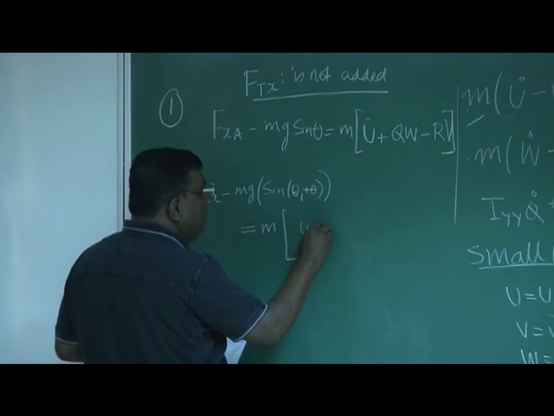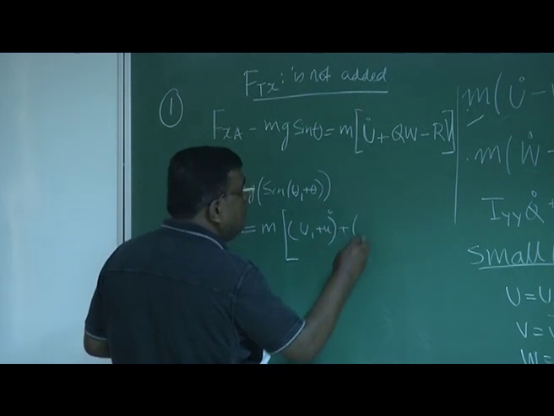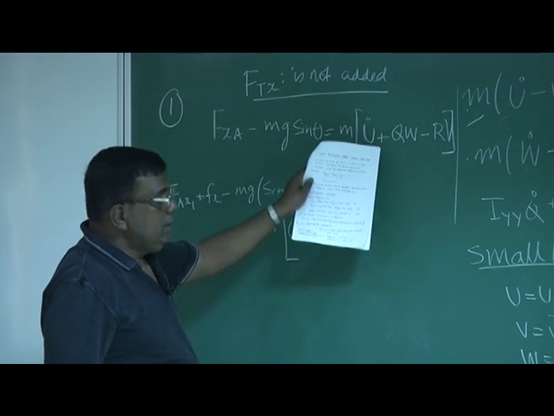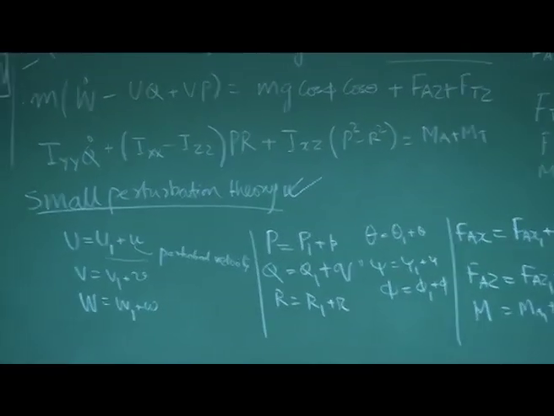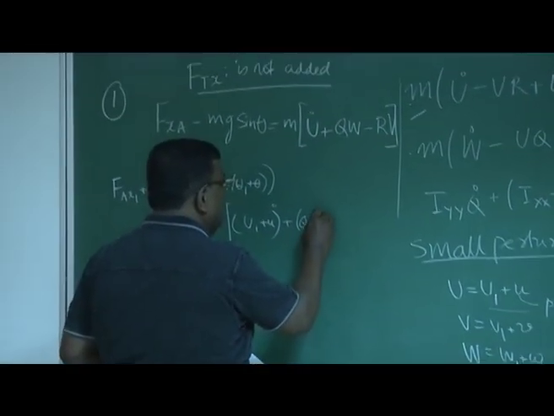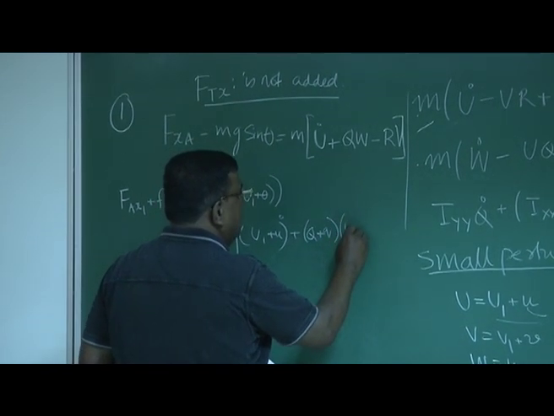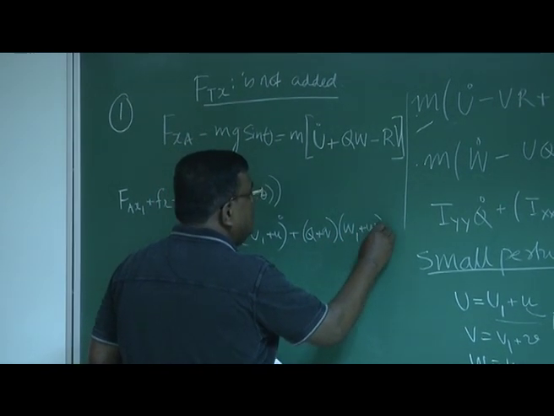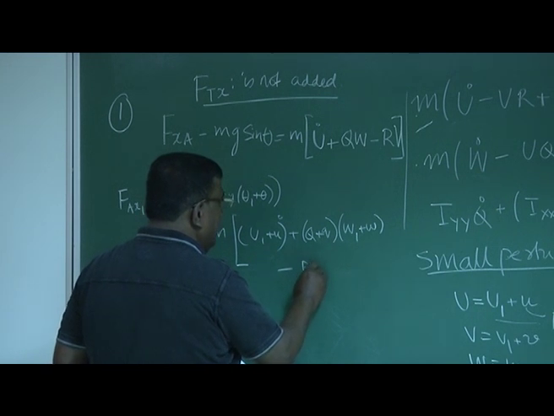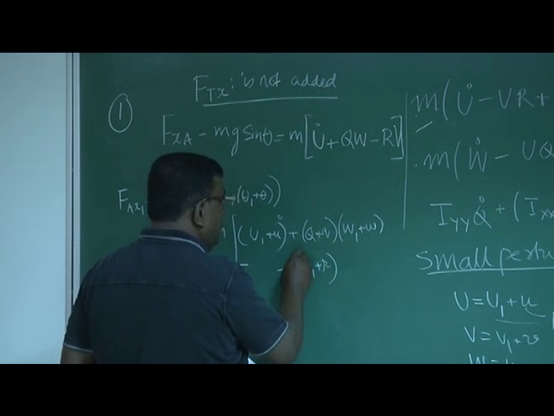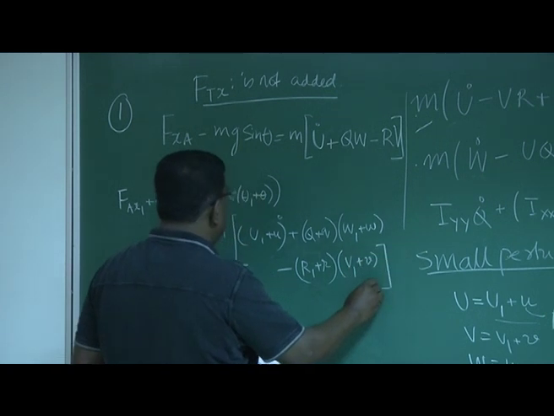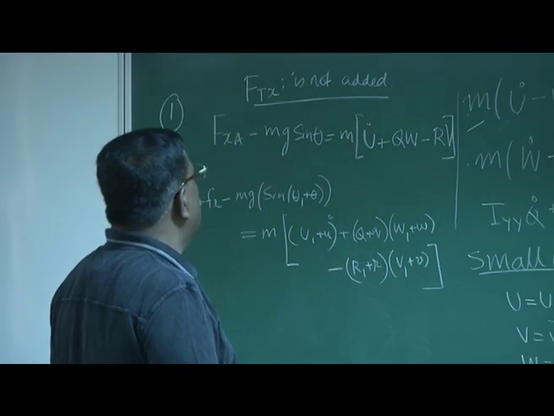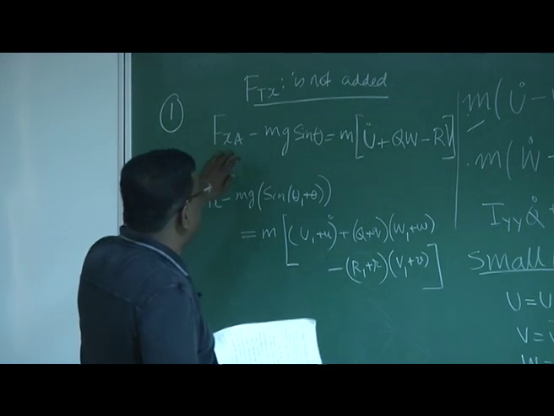So u1 plus u dot, and for q, I will write q1 plus small q. For w, I write w1 plus small w, minus r. For r, I write r1 plus small r, and for V, I write V1 plus small v. This is the equation when we have introduced perturbation.